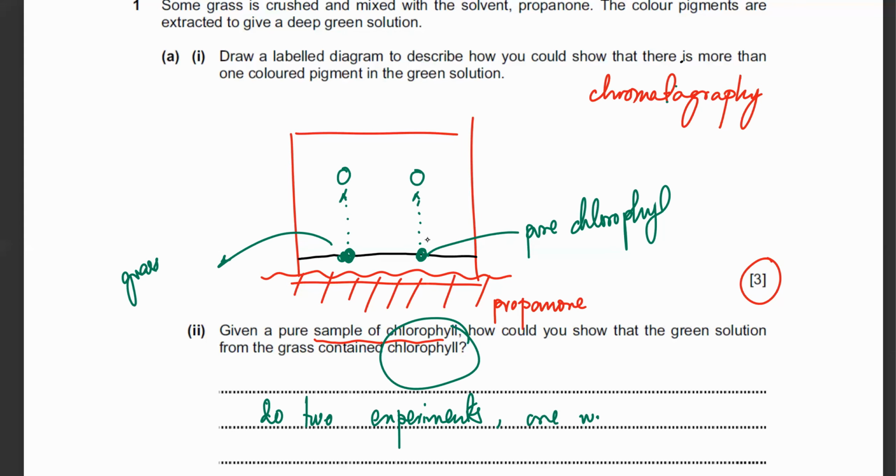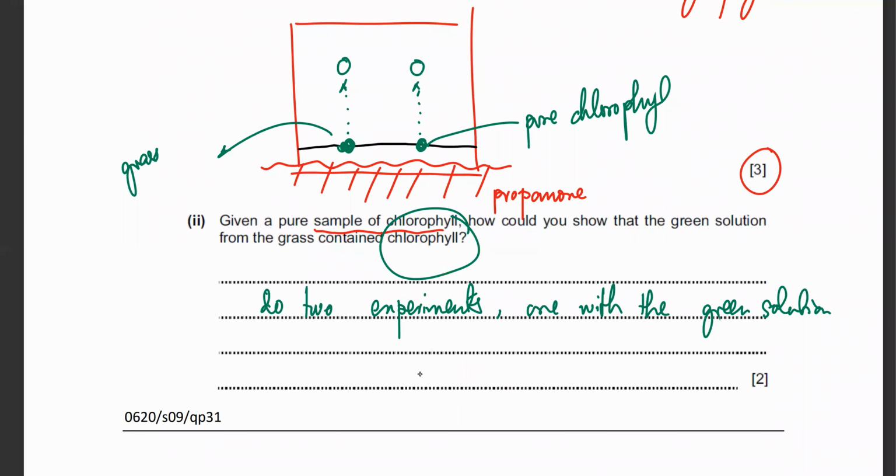One with the green solution, and the other one with the chlorophyll. And you're going to write if they travel the same distance, or you can measure the RF value.